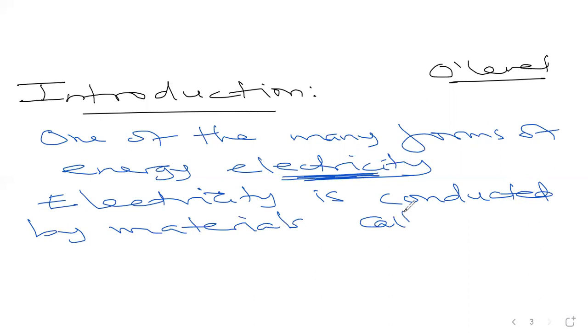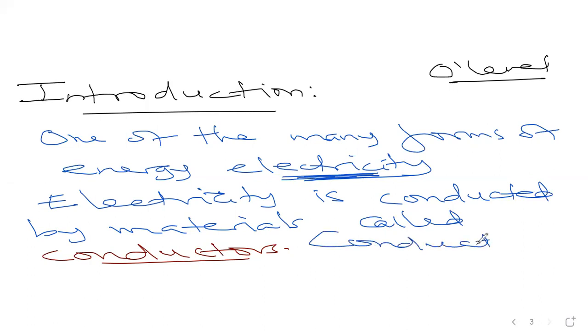Materials that conduct electricity are called, somebody is thinking about it, conductors. So conductors are substances that conduct electricity. Any substance that does conduct electricity is a conductor. And these conductors are mainly metals.